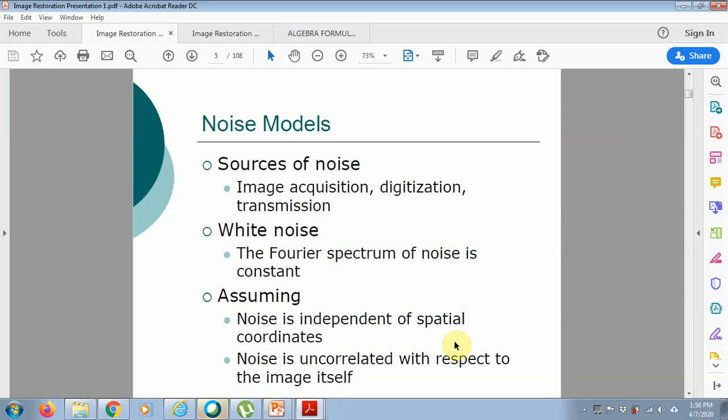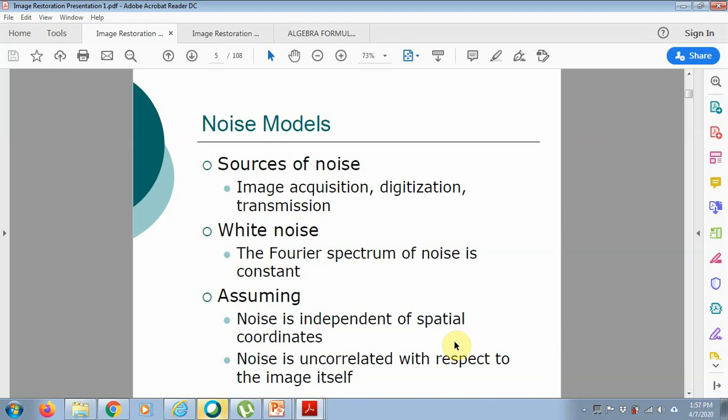How can you actually add a noise? In image restoration, we basically add noise in a degradation process, and then we restore the image to the original. You may experience a source of noise while viewing the image.